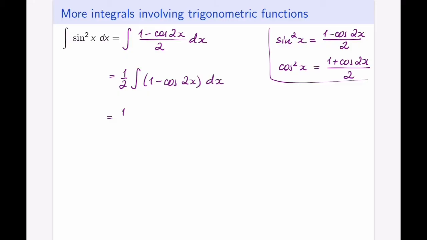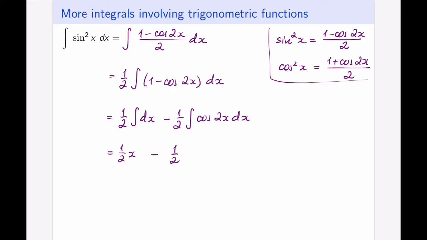I noticed that here, there's really not much left to do. Once we open up the brackets and distribute everything in, I am down to 2 integrals that can be anti-differentiated fairly quickly. So this integral here, integral of simply 1 dx, is going to be x.